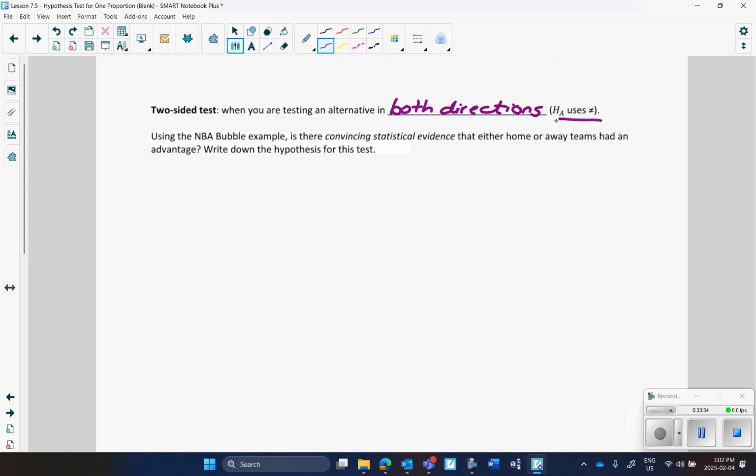So the question with the NBA bubble would be phrased, is there convincing statistical evidence that either home or away teams had an advantage? Another way it could say, is there convincing statistical evidence that there's no difference in home or away team advantage?